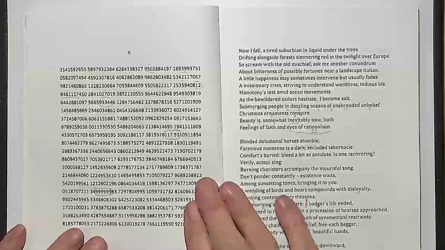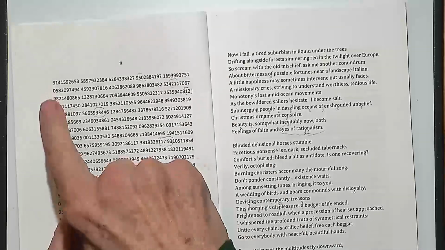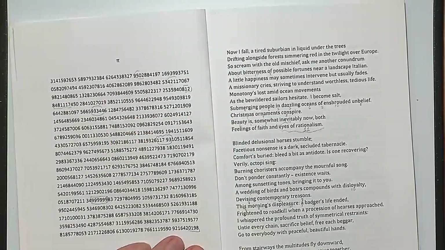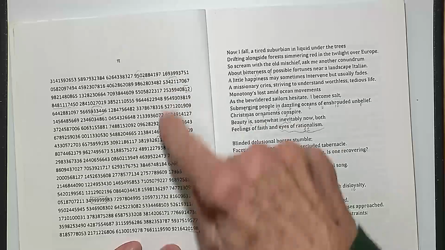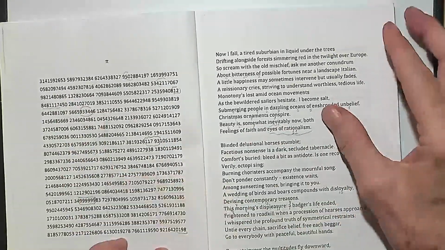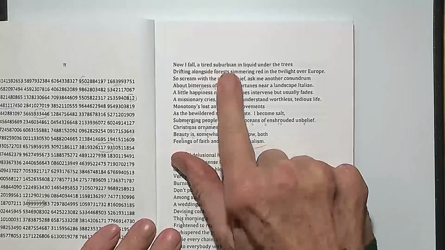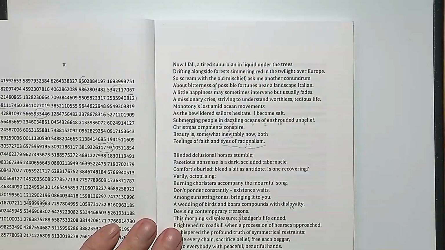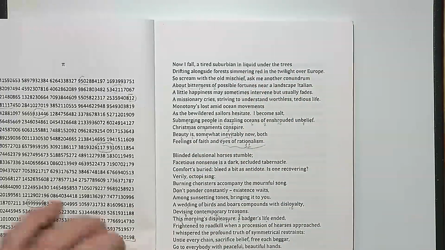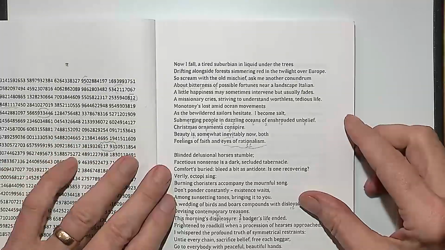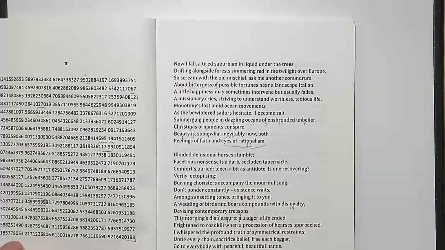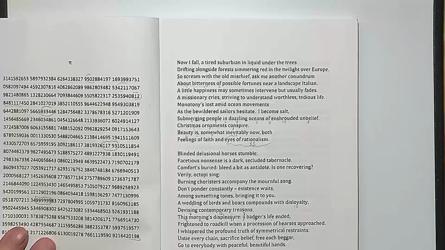So here it is. On the left, we see the first several hundred digits of pi, and "Now I fall, a tired suburban in liquid under the tree." The idea is to make it seem as if he didn't have any constraint when he was writing. Now, of course, pi has zeros in it.